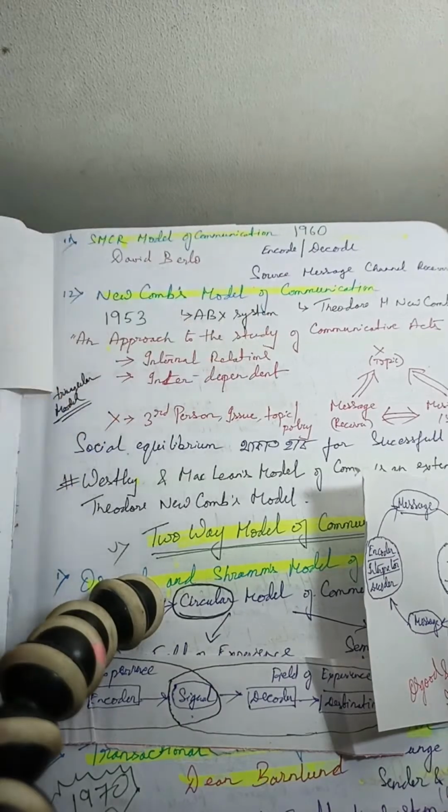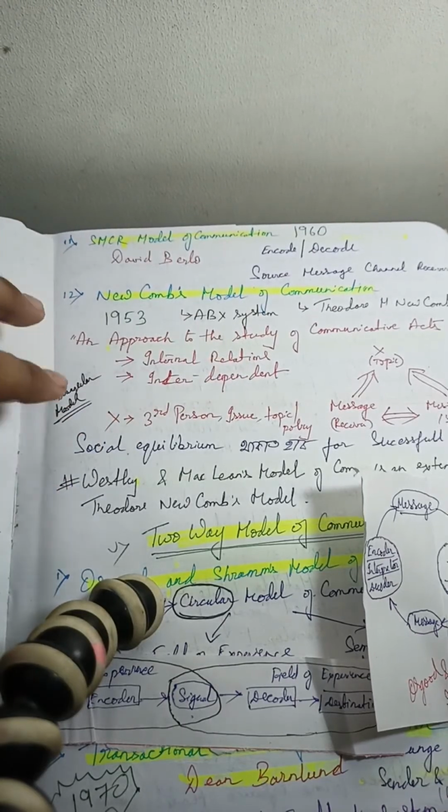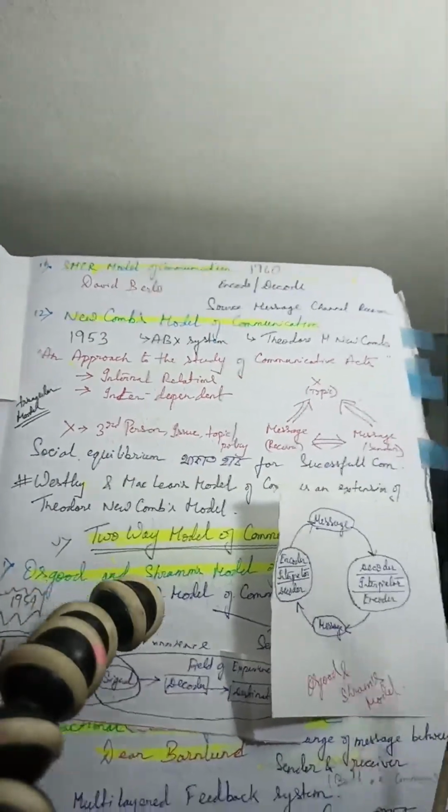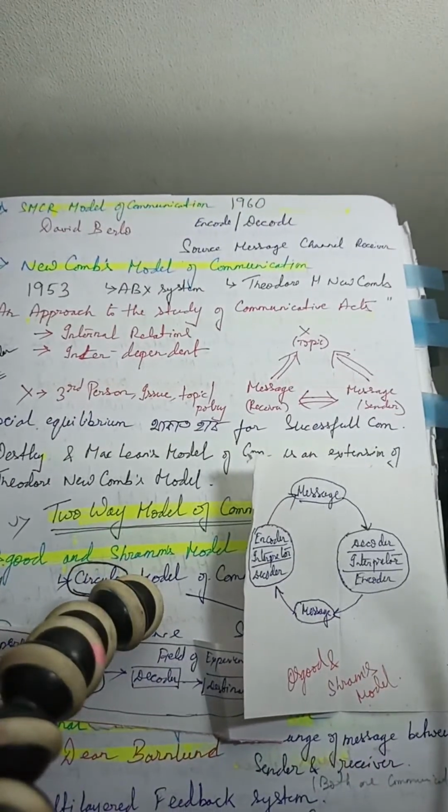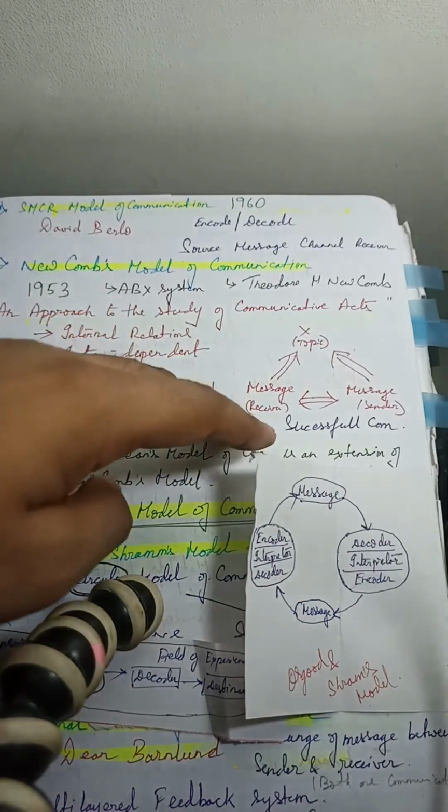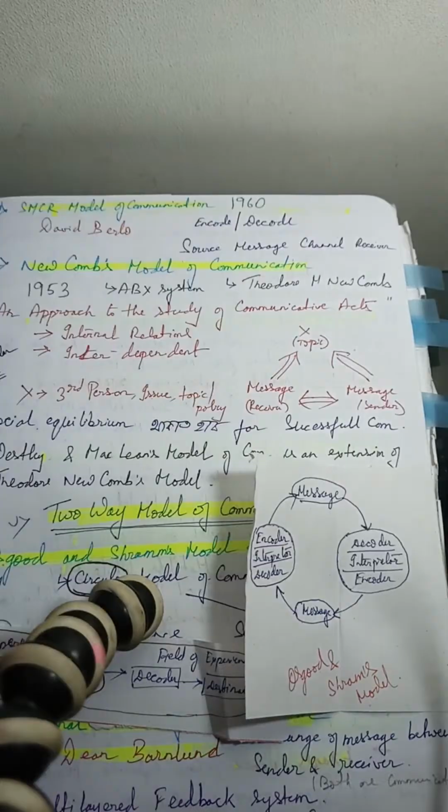Now next we have Newcomb's model of communication. Newcomb's model is an approach to study communication acts. Every message and every medium, what the sender is crafting and what the receiver is getting, is considered out of a third perspective, the X factor.